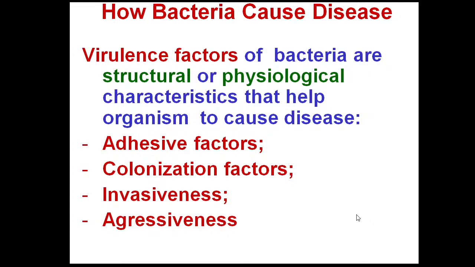So, what is the first stage, and the group of factors that are important within this stage? So first is adhesion. Why is adhesion so important? Can you imagine when we inhale, for example, some bacteria?